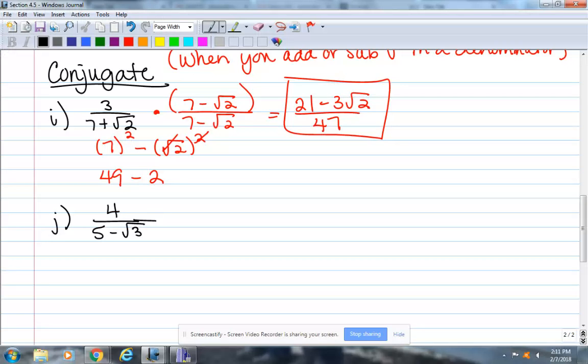Okay, so since you have a plus or a minus in the denominator with the radical, you're going to use the conjugate. So what is the conjugate of 5 minus radical 3, do you think? Good. So you're going to multiply by 5 over 5 plus radical 3.